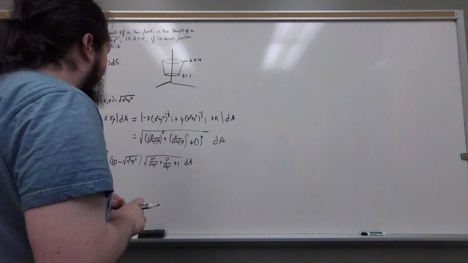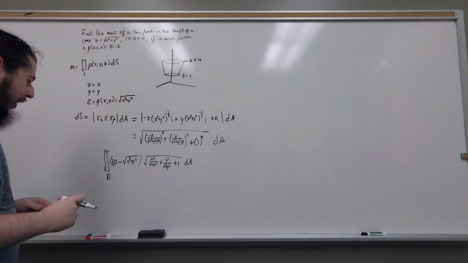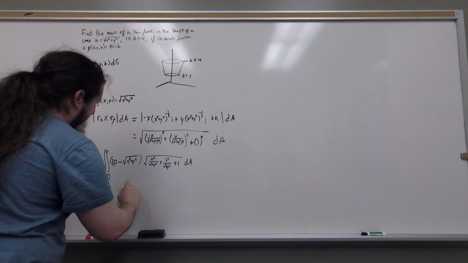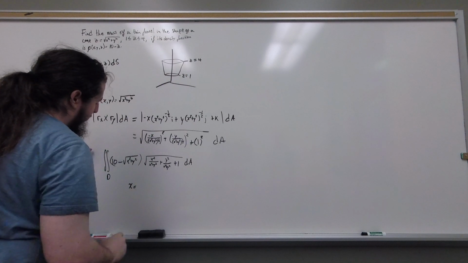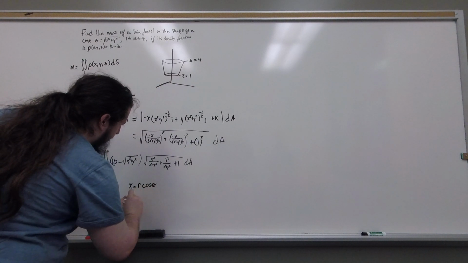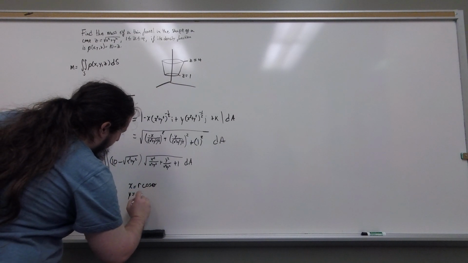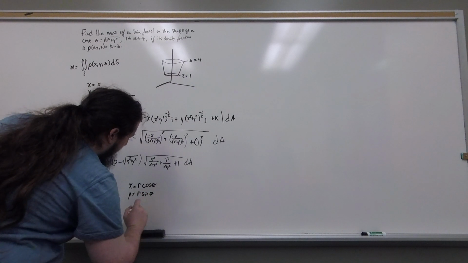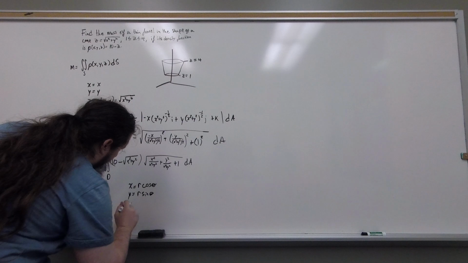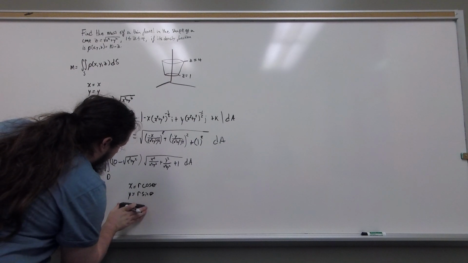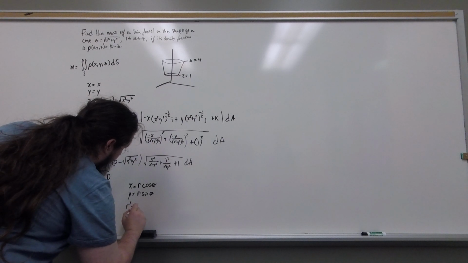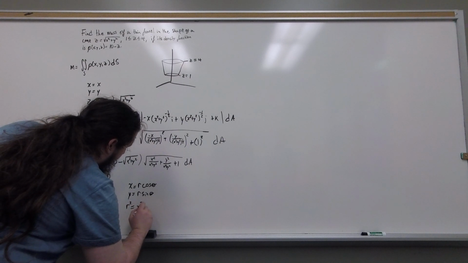To convert to polar coordinates, we have x equal to r cosine theta, y equal to r sine theta, and r squared equal to x squared plus y squared.